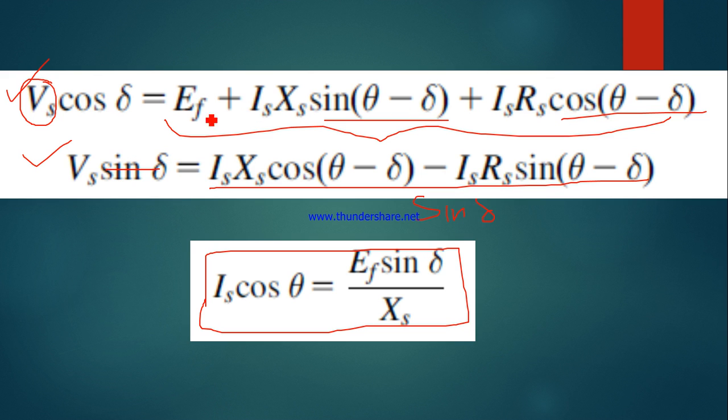And you know this term, because sine delta is at the bottom, so this entire term will be multiplied by sine delta. So this Ef will be multiplied by sine delta, and you see here is a term Xs, that is the total stator reactance, so it will come down.